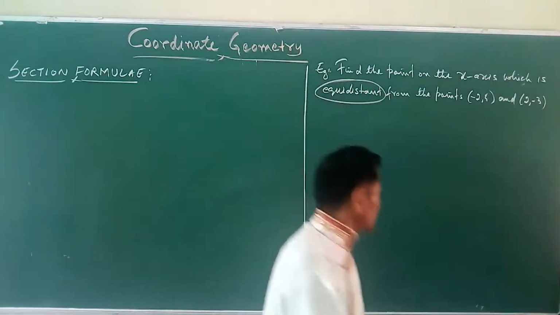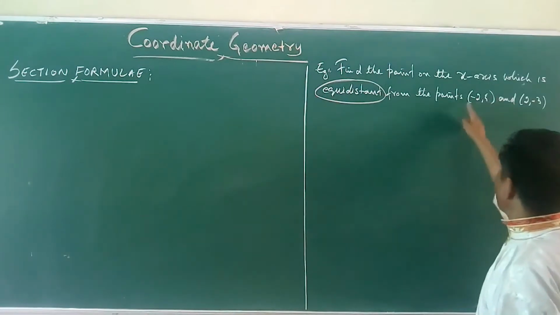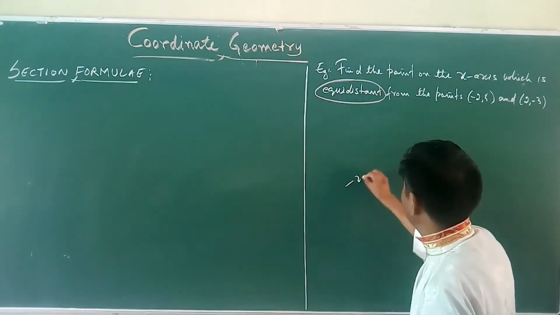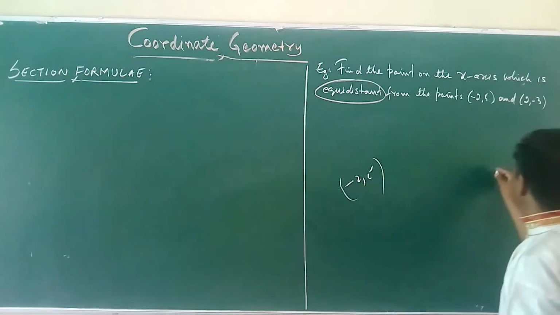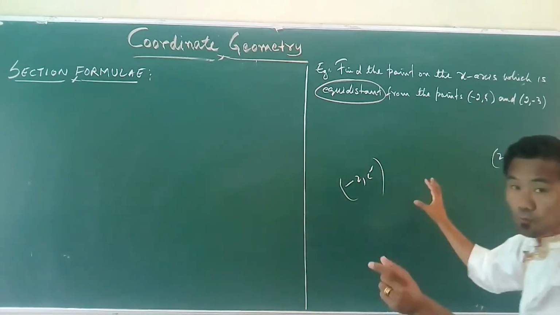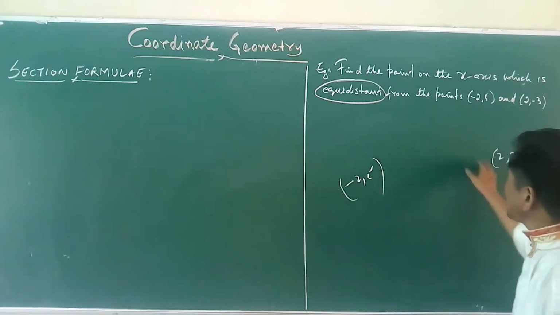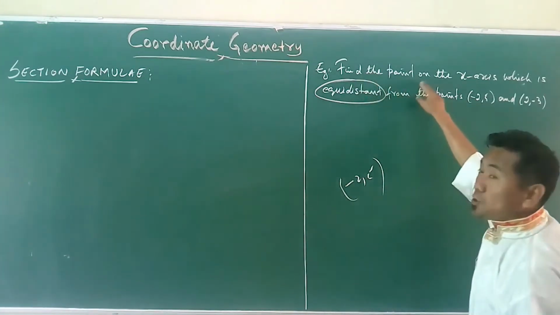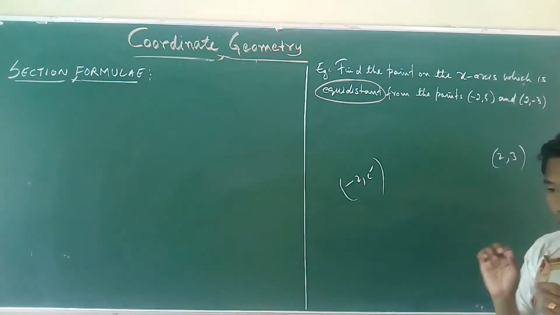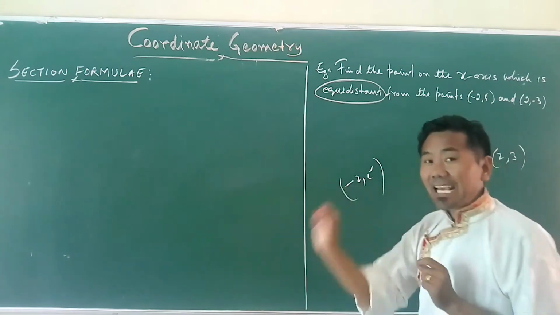For example, say that we have 2 points: (-2, 5) and (2, -3). There are 2 points, but we need to find the point on the x-axis.